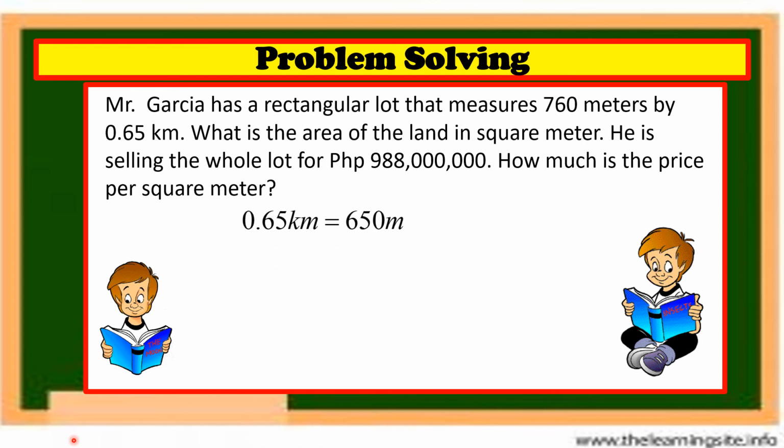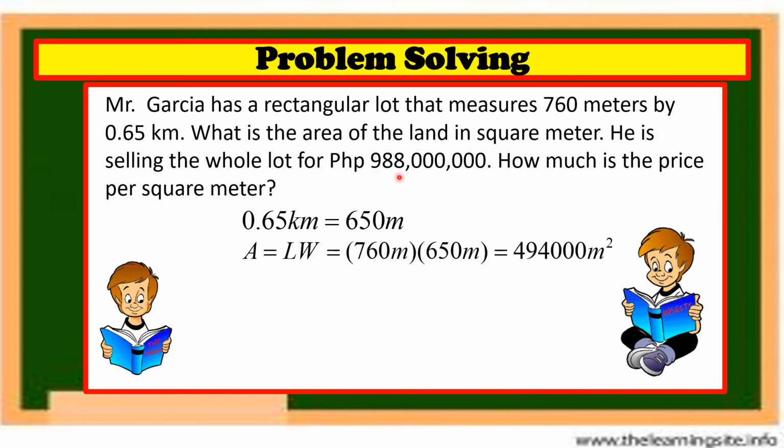We need to answer the problem. 65 hundredths kilometer is equivalent to 650 meters. So, to find the area, area equals length times width. The length is 760 meters by 650 meters. So 760 meters times 650 meters equals 494,000 square meters.